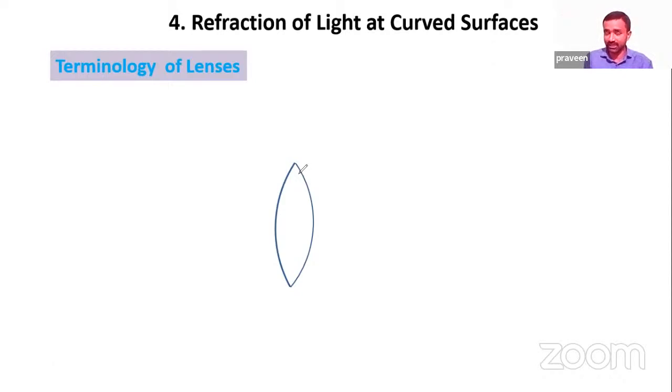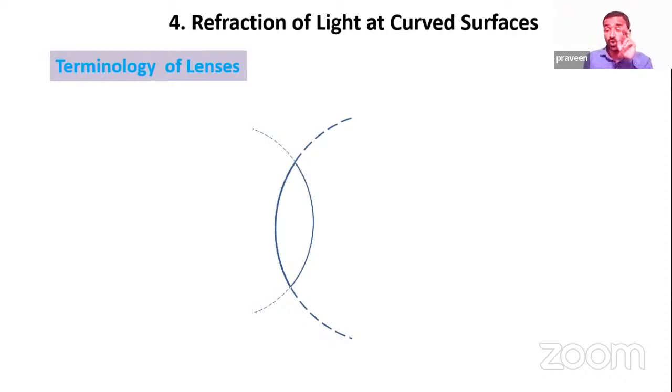Assuming three-dimensionally, this lens is made up of spherical surfaces, right? So if you imagine them as a part of a sphere, that right side surface giving you extension on the screen, then the left side surface as you see here. So two parts, right? Here two arcs you are able to get.